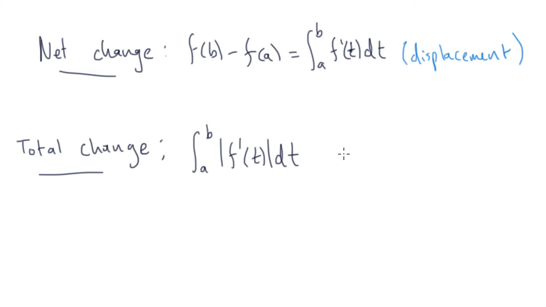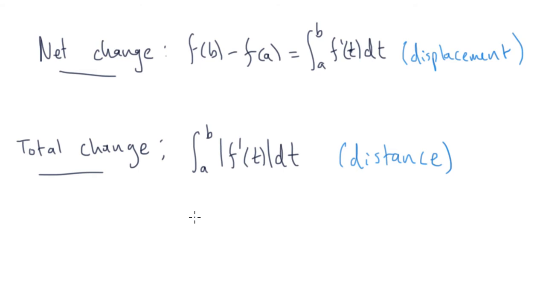And again, you should think about this as the distance traveled by the particle, if f of x is the position of a particle. Okay, so think about displacement versus distance, net change versus total change. And so notice that if my derivative is always positive, these things will be the same.